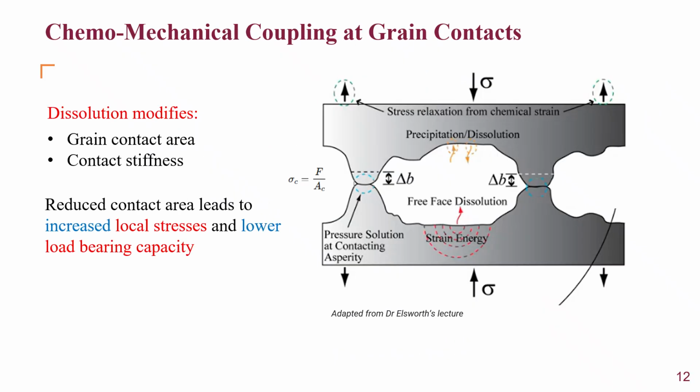Now, the process of precipitation and dissolution is not homogeneous. It doesn't occur everywhere on the surface, in the rock matrix. As I've explained, it depends on a lot of factors, like whether there are microfractures, grain surfaces, voids, and the energy of the crystal faces. All that determines which places locally precipitation and dissolution occur.